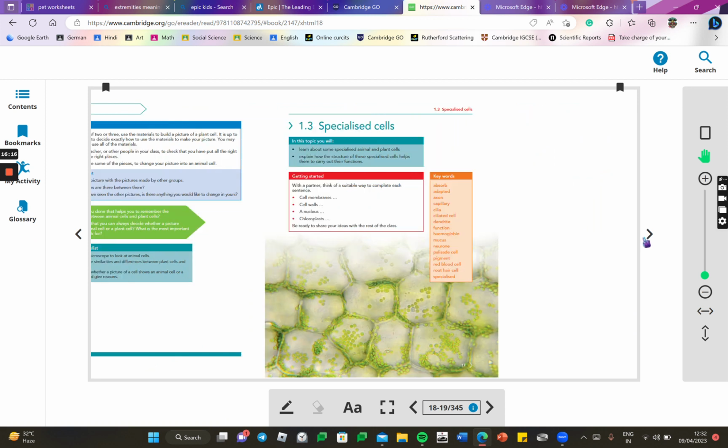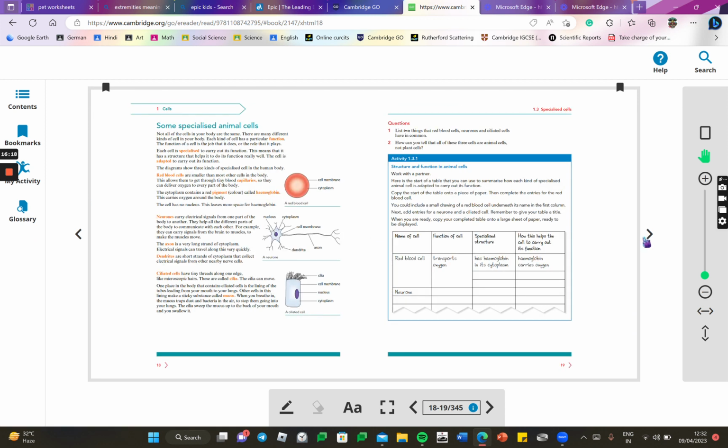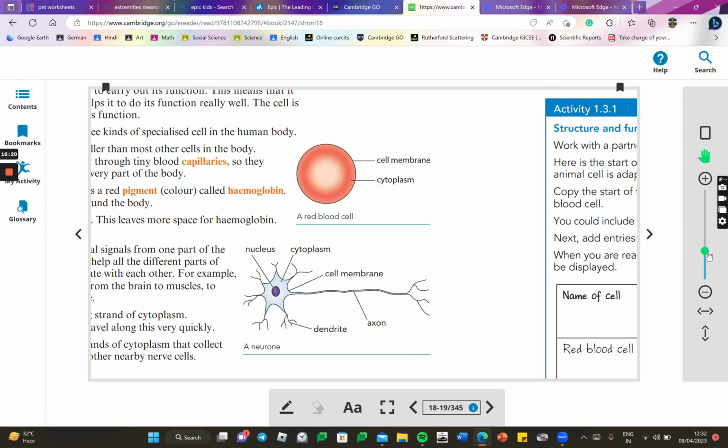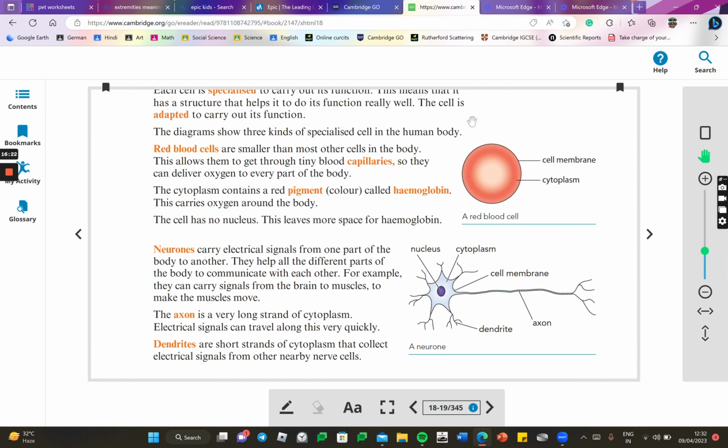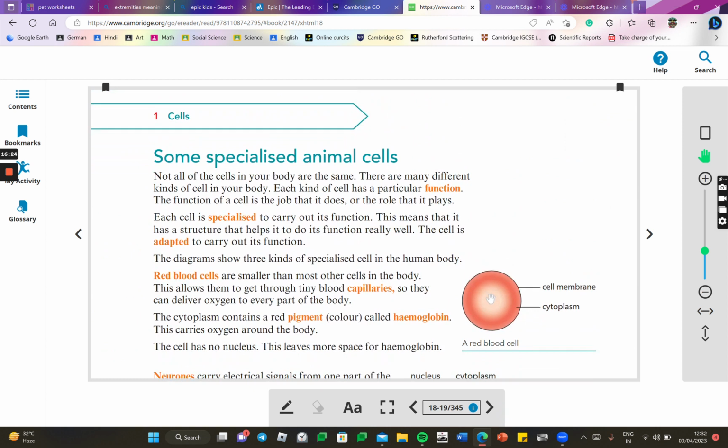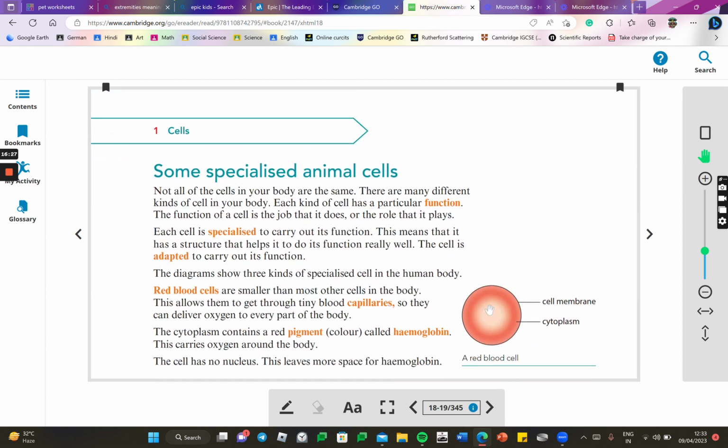Specialized cells. Some specialized animal cells. Not all of the cells in your body are the same. There are many different kinds of cells in your body. Each kind of cell has a particular function.